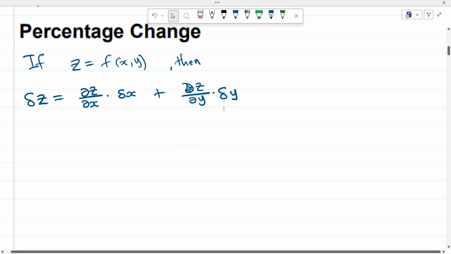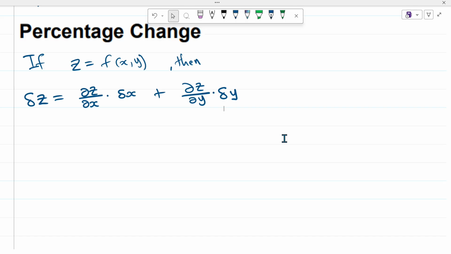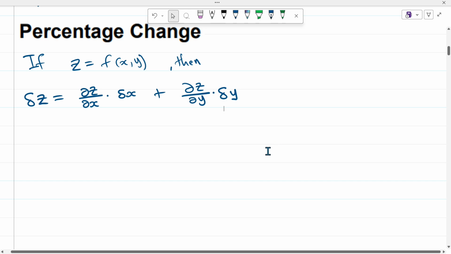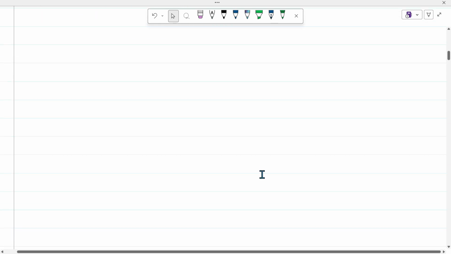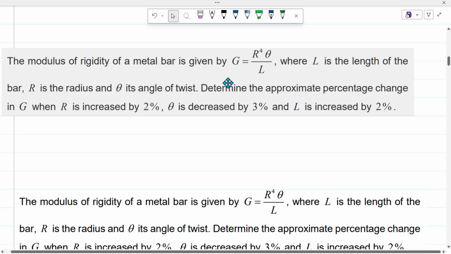After you have differentiated z with respect to x and y, you'll realize that you can take z as the subject of the formula, and then you'll see the change after that. So don't be confused. I'm going to do an example to explain what is really going on here. It's very easy, so stay tuned. It's not confusing.